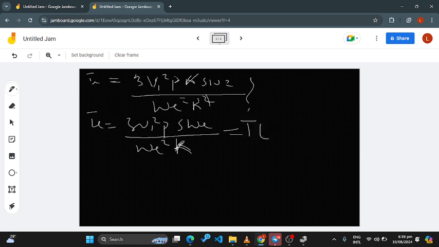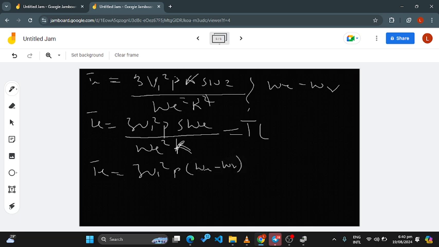And this S times omega E, I can rewrite as TE equal to 3v1 squared times P times S omega E, remember it is omega E minus omega R, so this should be times omega E minus omega R.